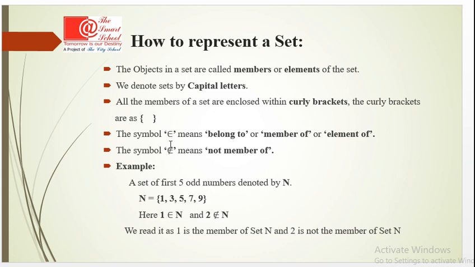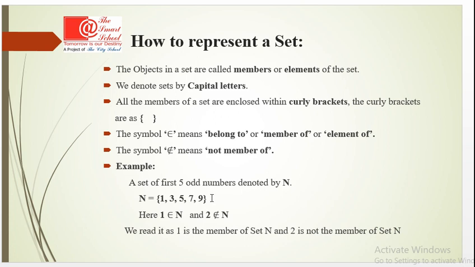Now this symbol means belongs to, or member of, or element of. And if we cancel this symbol, it means not a member of or not an element of. For example, a set of the first 5 odd numbers denoted by N. So we will write N is equal to, notice N is capital, {1, 3, 5, 7, 9}, and all the elements are enclosed by curly brackets.